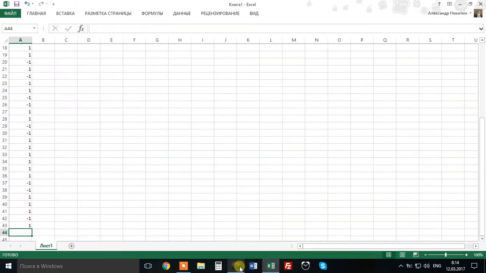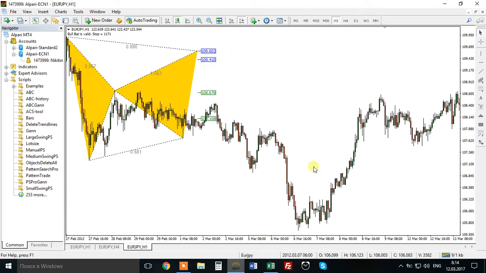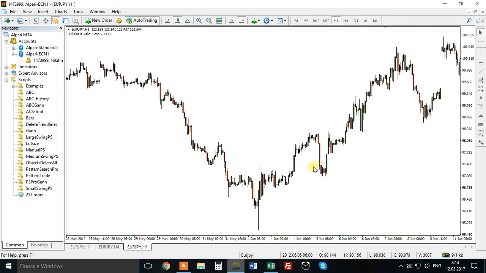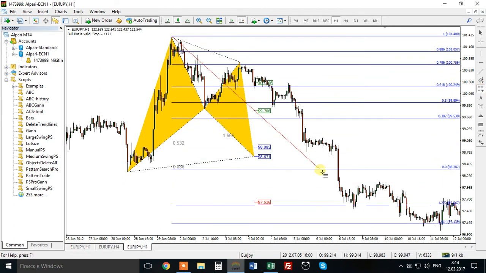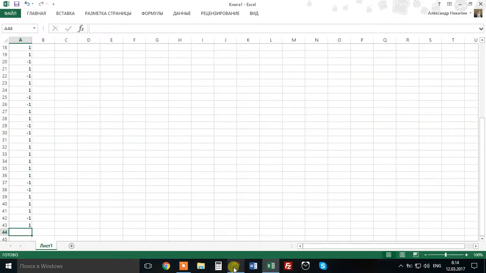Obvious winner. Going next. Invalidated. Invalidated. A loser? Yes. From here, here, and lower, lower, lower, without any reaction. A loser, -1.